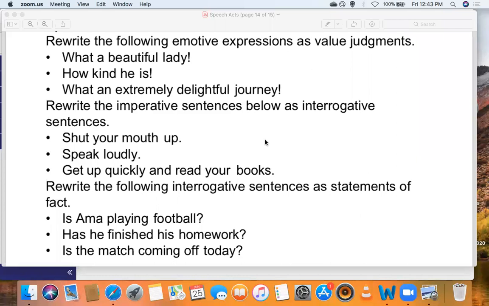So if it is supposed to be an affirmative statement upon conversion, then let it be affirmative. When you are doing a conversion, you select only the words that need to be changed. Change them, remove only what is necessary to do the conversion, and then add only what is necessary to do the conversion.